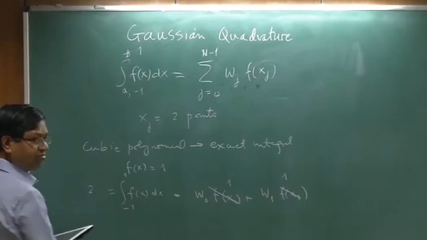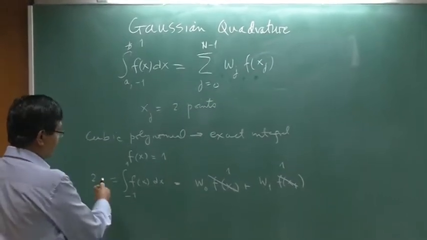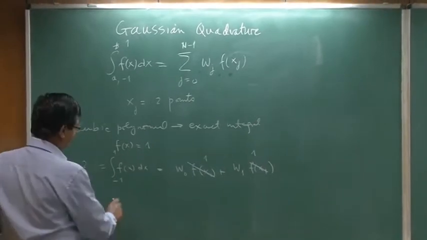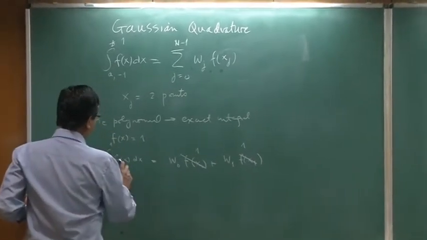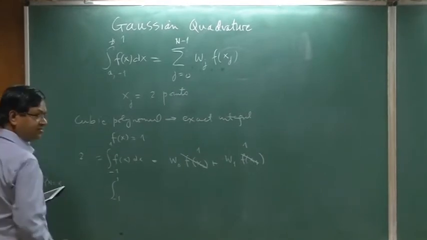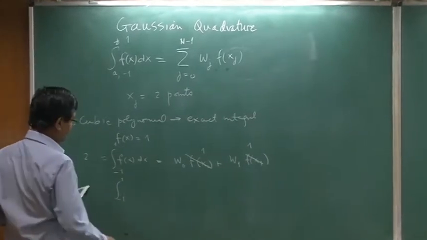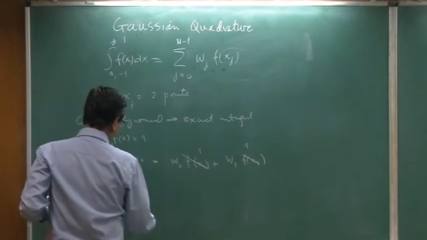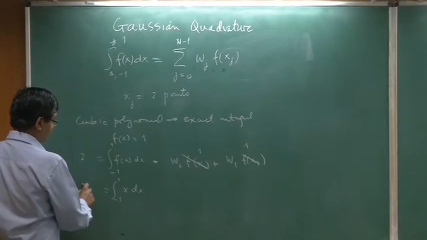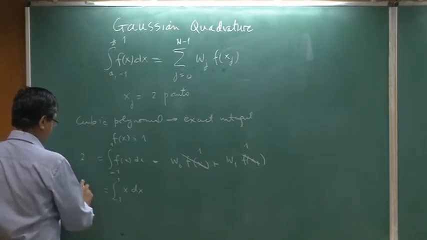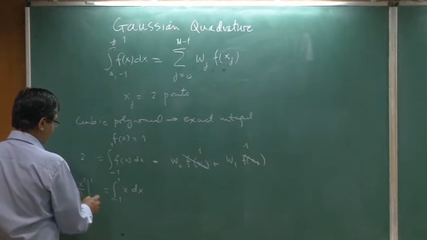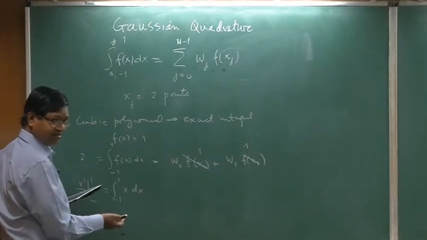This is 2. So I can do the next one, and after that I won't do it. Next one is -1 to 1. Now you choose f(x) linear, do it for x. This is exact. So this is the integral of x dx, which is x squared by 2 from -1 to 1. So this is 0, because it is an odd function.